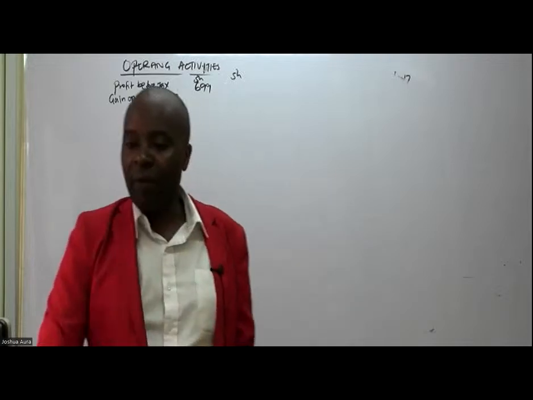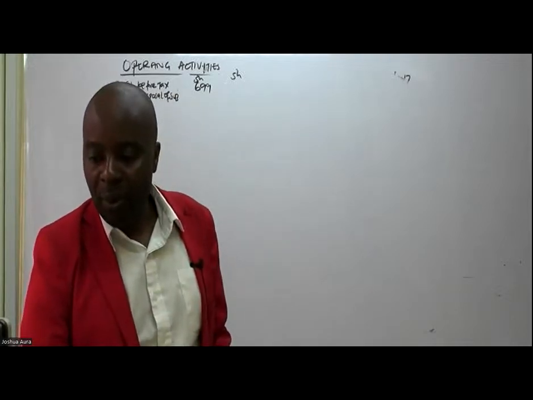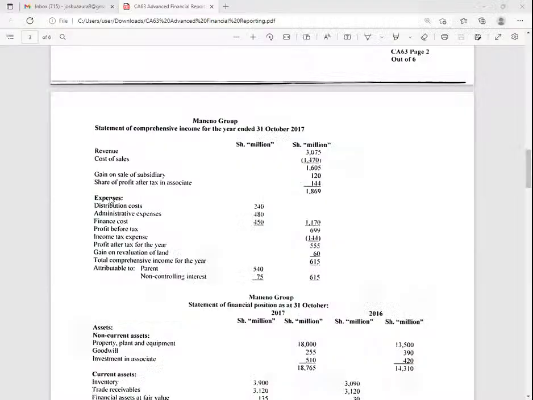They have given us a figure. So you're looking upwards, remember. The gain on sale of a subsidiary, I can see it is 120. Now please move down.